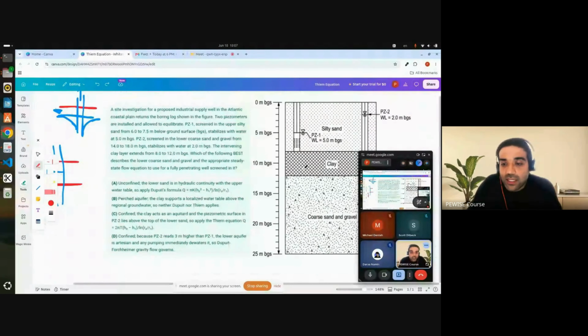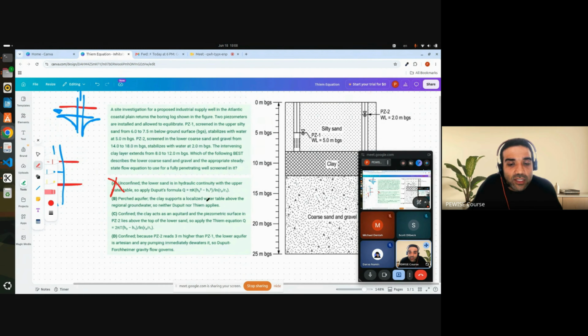So this layer has both characteristics that we talked about for a confined aquifer. We have a clay layer here, and when we put a well, the piezometer shows a pressure above this layer, and that tells us this is confined. So just by knowing this is confined, we can remove option A. Option B says it's a perched aquifer.